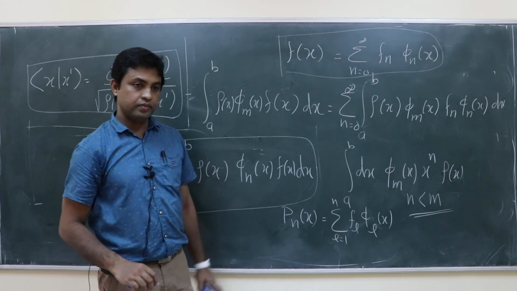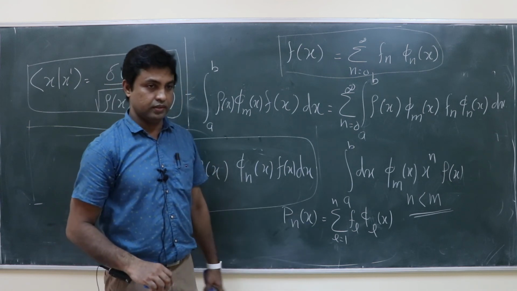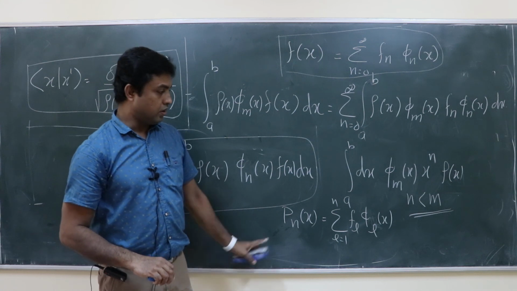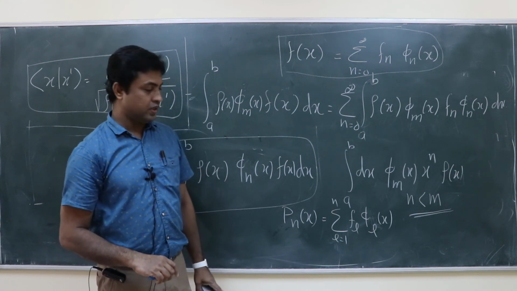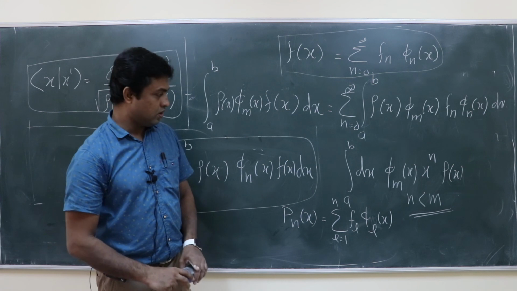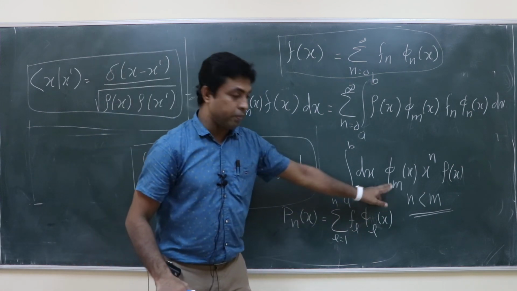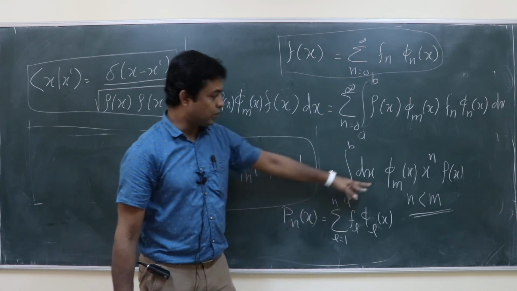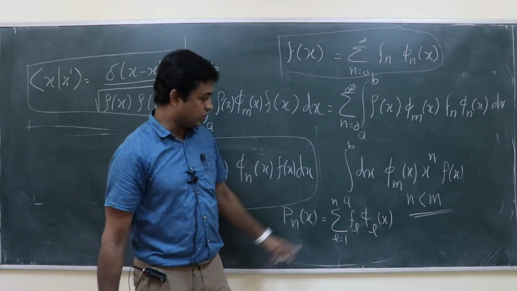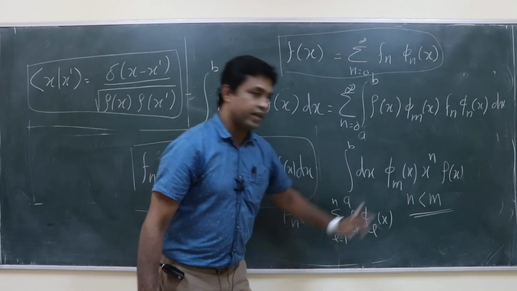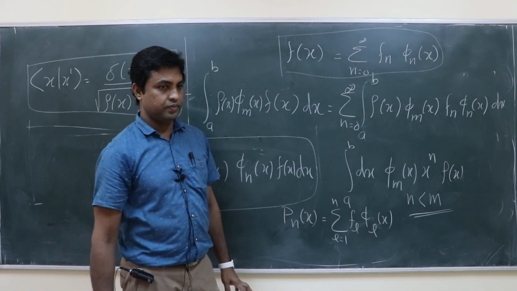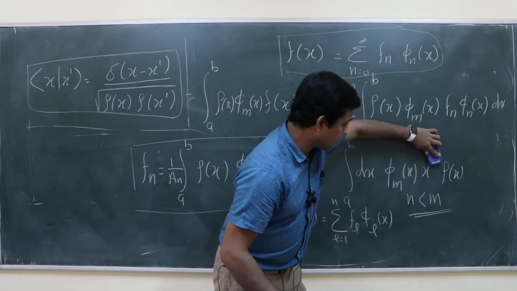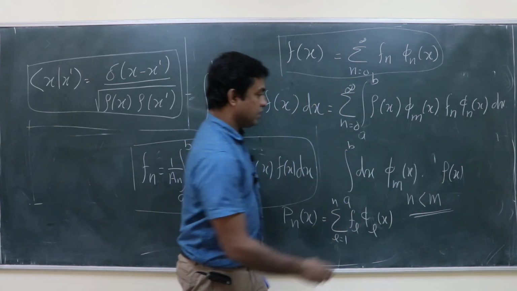Is it correct? I don't have to go up to infinity. Yes, I can do this. So phi m of x is at least one order above, because m is greater than n. So I can even, instead of x power n, put just p n of x.